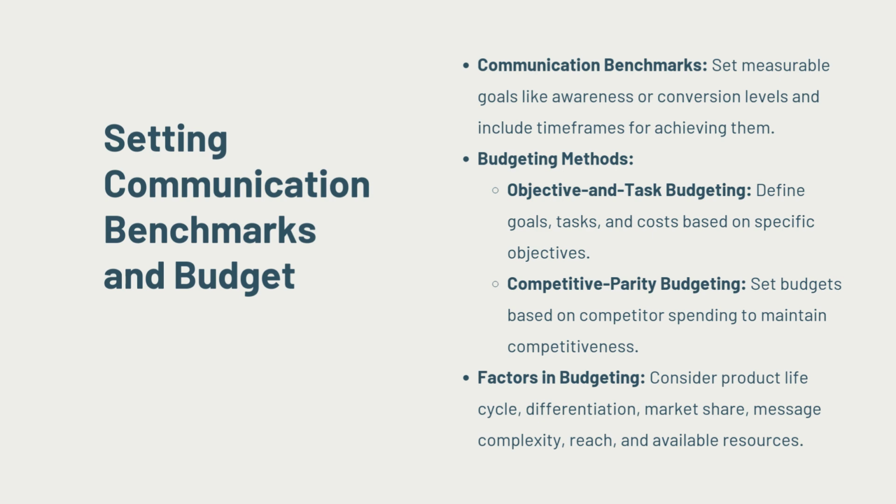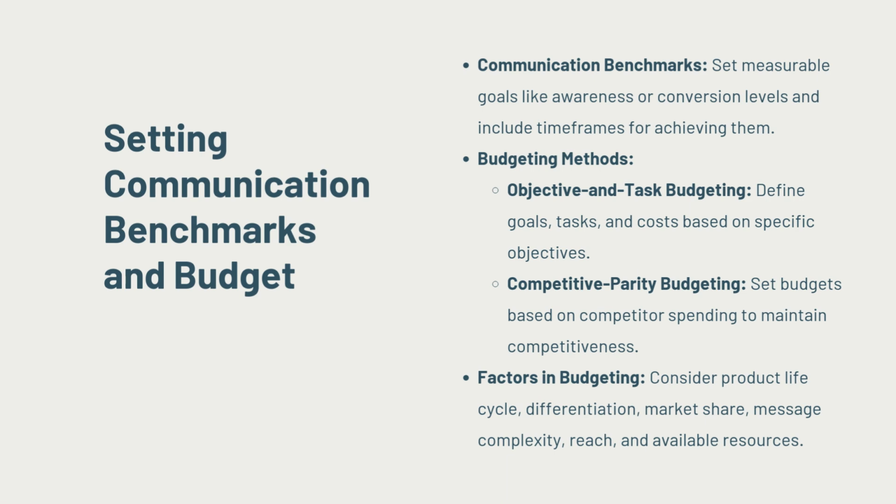When it comes to setting the communication budget, there are several methods and considerations involved. One popular approach is objective and task budgeting, which involves setting a clear objective, defining the tasks needed to achieve it, and estimating the costs associated with each task.